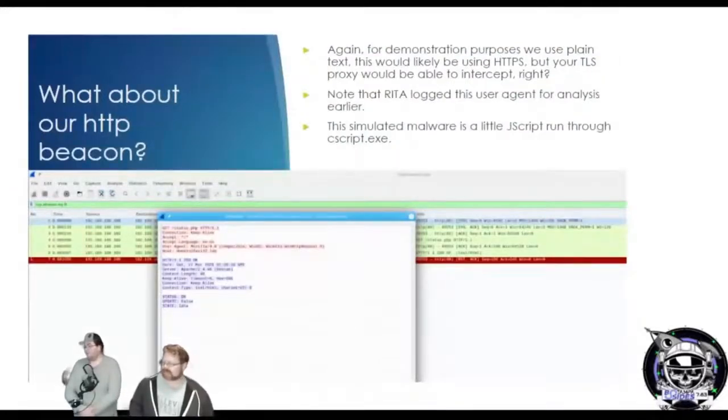So let's look at the other beacon. We also saw another beacon from Workstation 2. Basically, RITA logged this as a suspicious user agent, and our simulated malware is a little JScript that's running through cscript.exe.